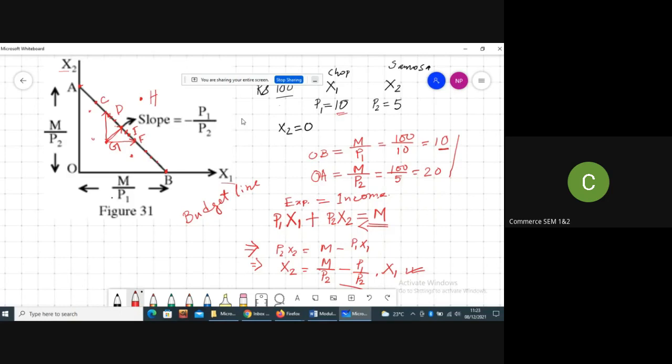It's something like you have enough money to purchase a chop or samosa, but you want to purchase say one pizza. This is just not affordable by you. So any point outside the budget line AB is simply not affordable by the consumer.